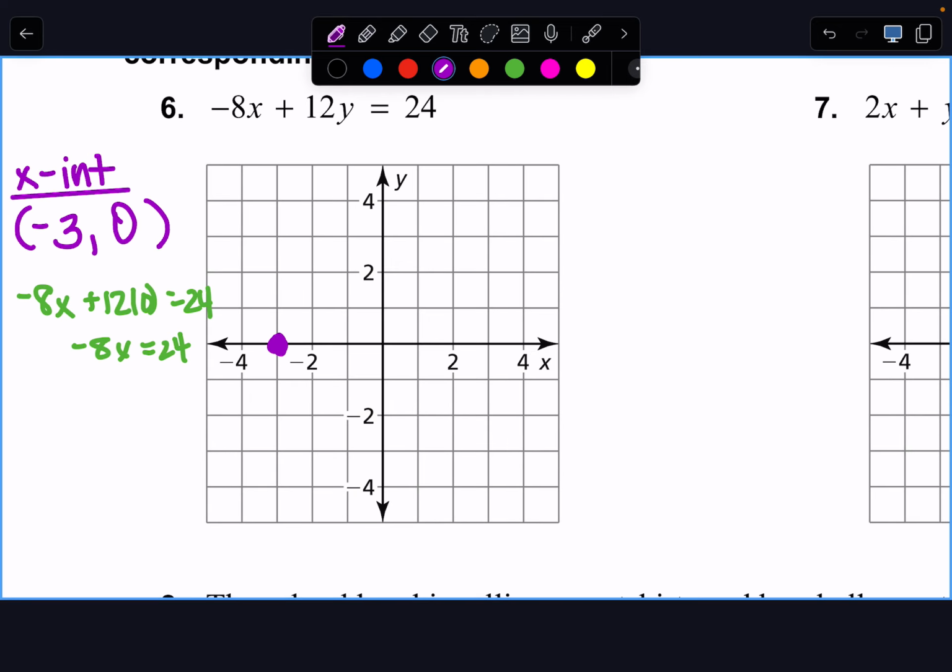Okay, now let's talk about the y-intercept. No matter what y-intercept we have, we know half of the coordinate. What do we know? We know x is 0.